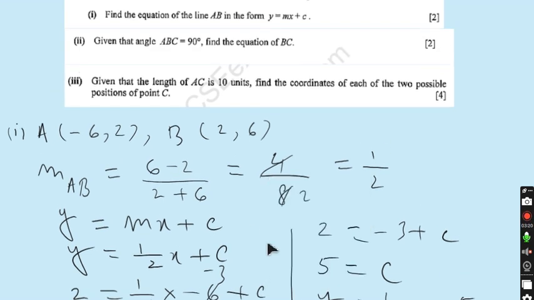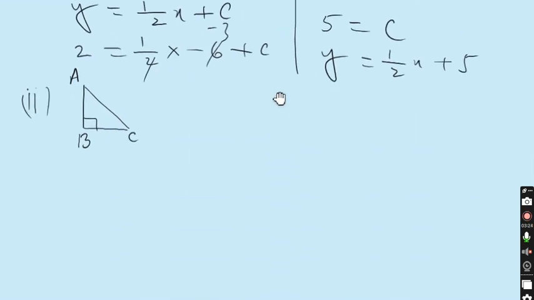In order to find the equation of BC, you need the gradient of BC. Lines AB and BC are perpendicular, and the gradient of AB, which we found in the previous part, is 1 upon 2. Therefore the gradient of BC should be the negative reciprocal, that is -2, because if two lines are perpendicular, then the product of their gradients is -1.